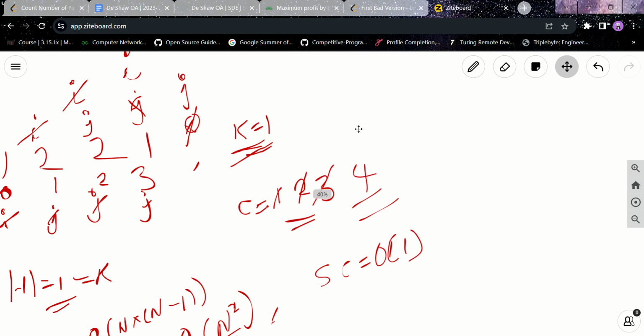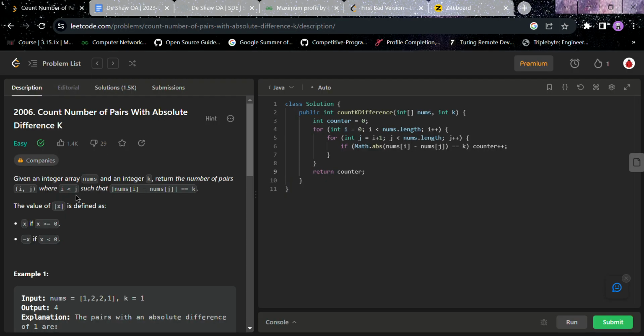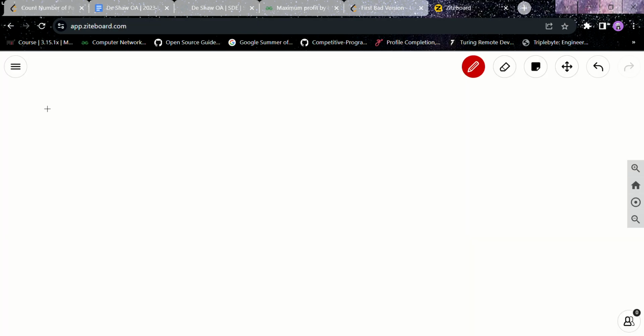Now what we will do: here we are given this condition, nums of i minus nums of j equals k. I will take nums of i as i, nums of j as j, and their mod is equal to k.